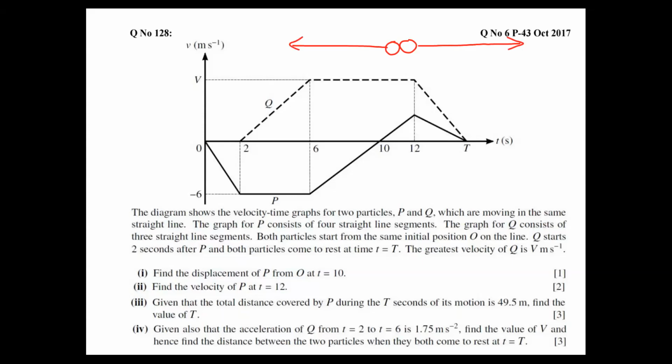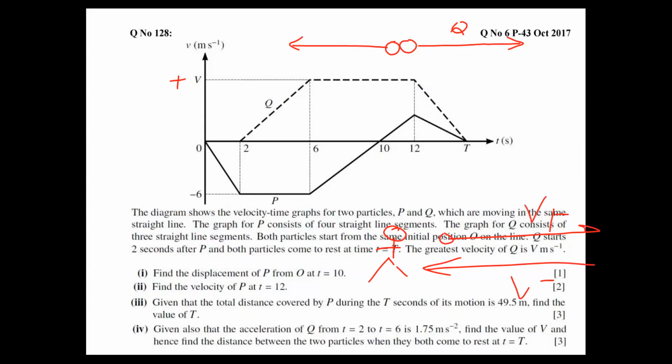Because you can see that this is a Q particle, above X. I discussed many times that if velocity is positive, the particle is going away from the observer. And if velocity is negative, the particle is coming back to the observer.